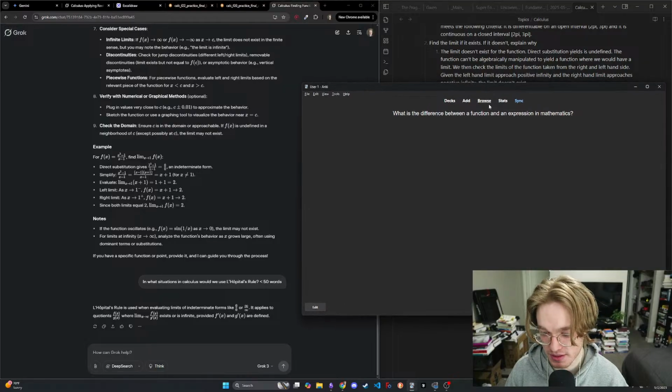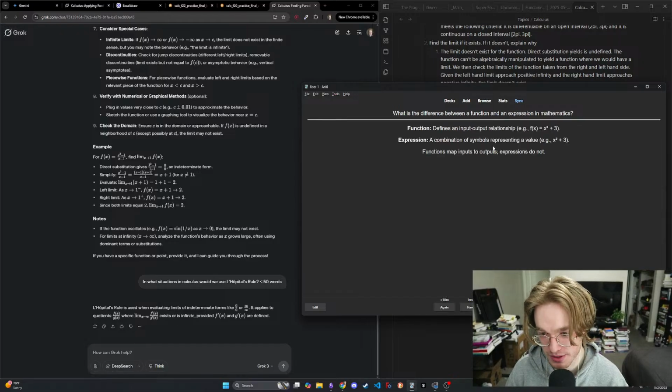An expression is something that doesn't have an equal sign, or doesn't take inputs and go to outputs, like one or more terms.